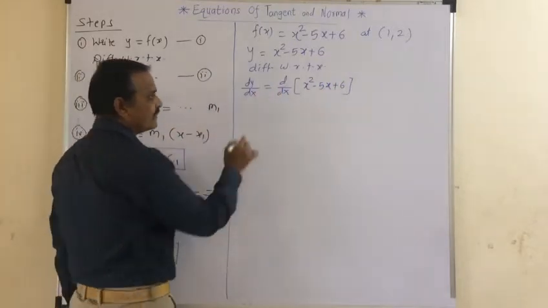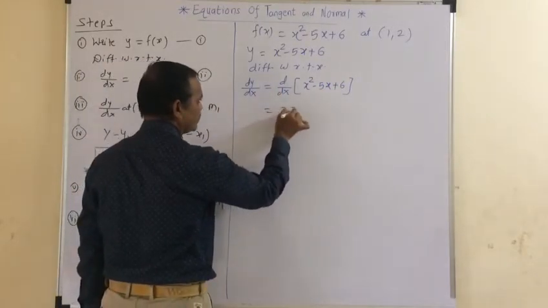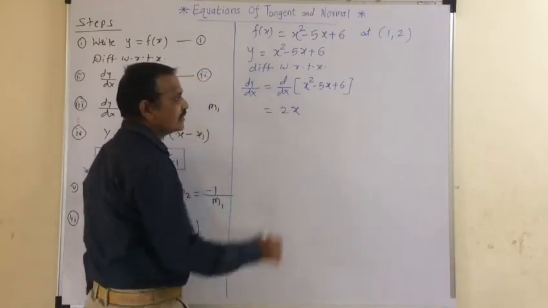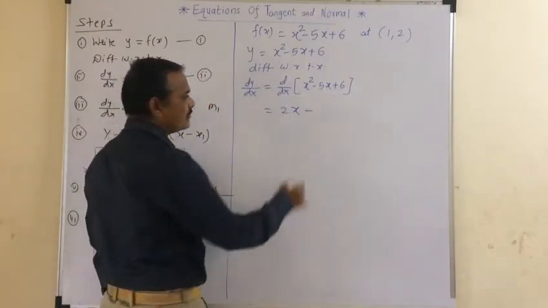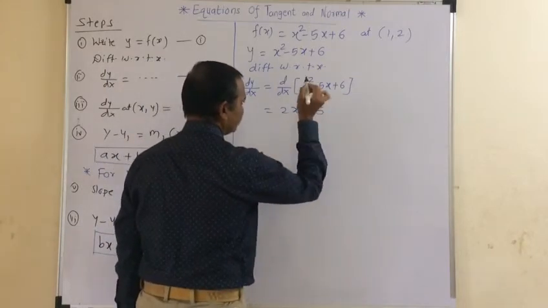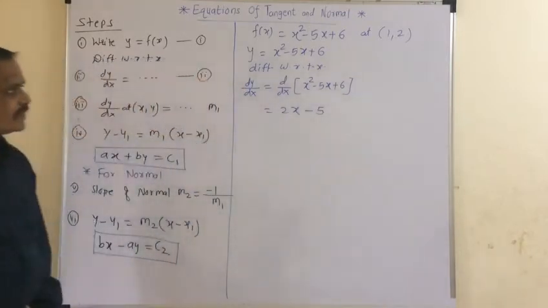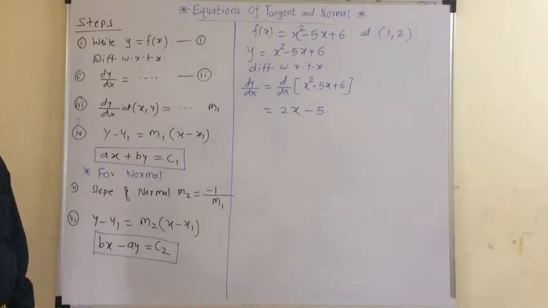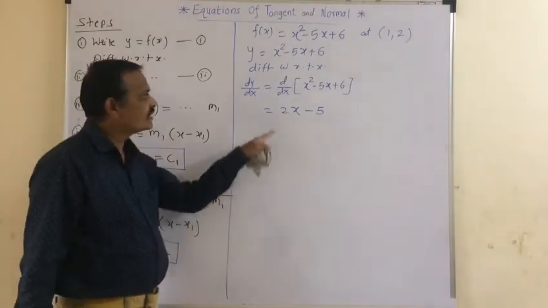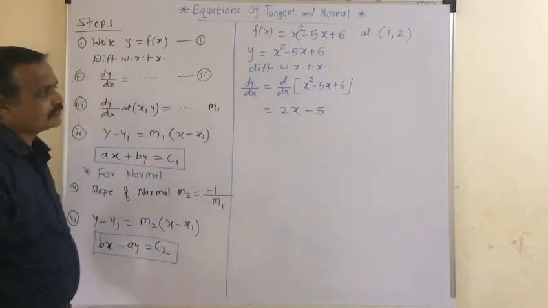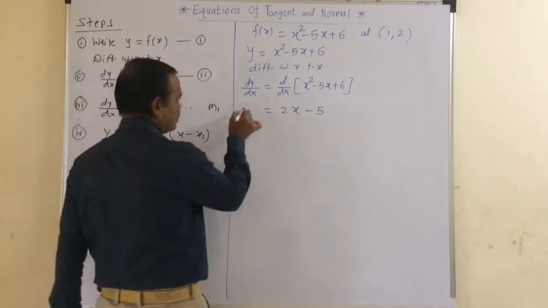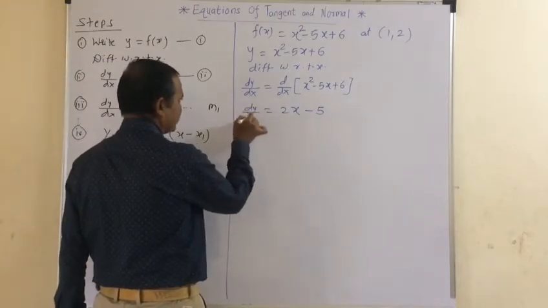Now derivative of x square is 2 times x minus derivative of 5 times x is minus 5. Now dy by dx is equal to 2x minus 5. This is our second equation.